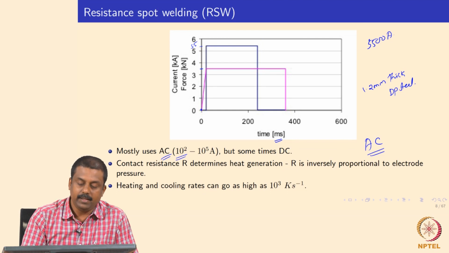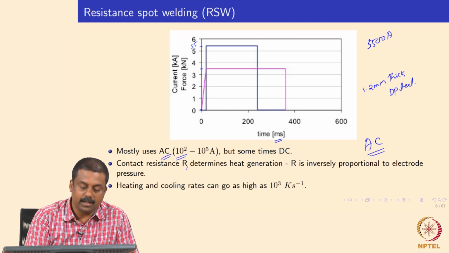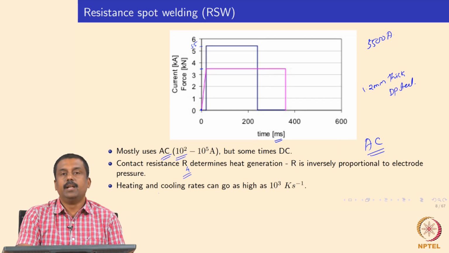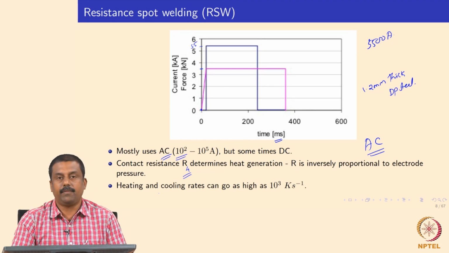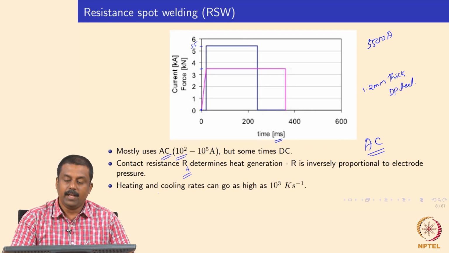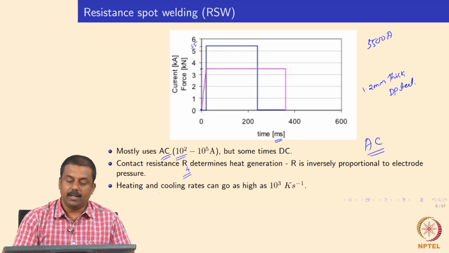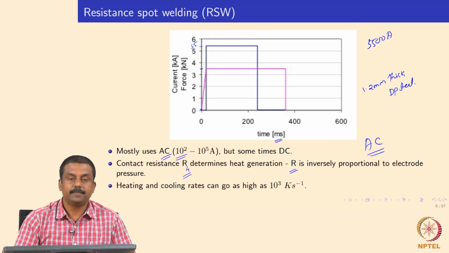As I had explained, the contact resistance, R, determines the heat generation, the contact resistance between two sheets, these two faying interfaces in the overlap configuration. And R is inversely proportional to electrode pressure. That means if electrode pressure is higher, then R decreases.